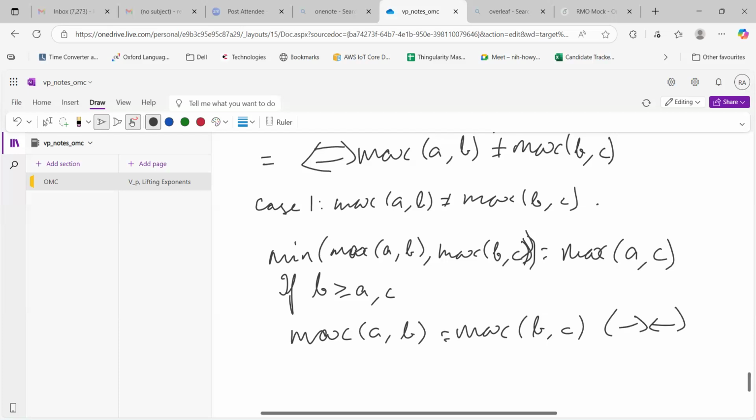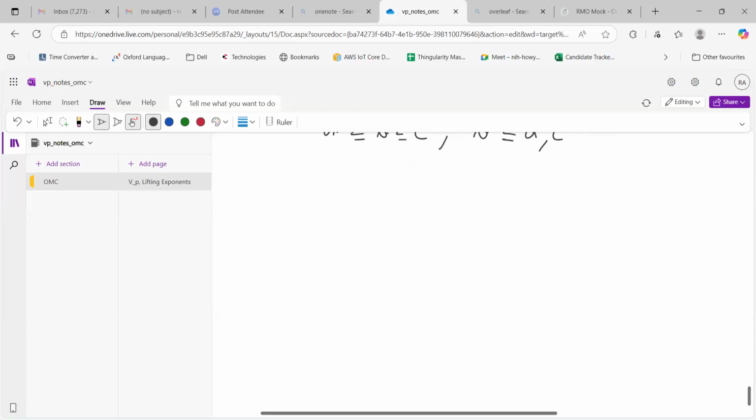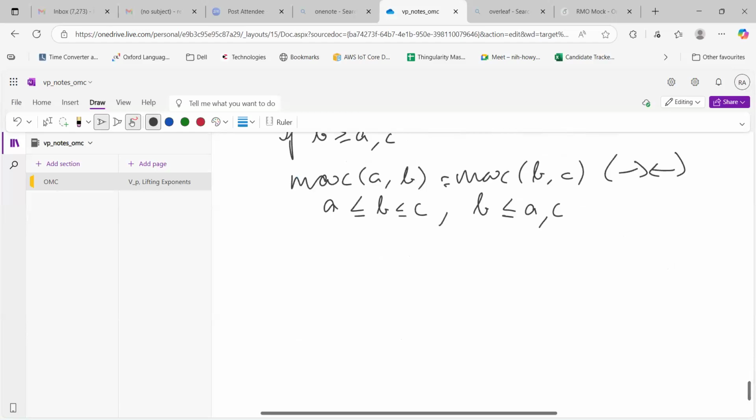So that means we must have either A is less than or equal to B is less than or equal to C, or B is less than or equal to A and C. Okay, what happens now in this case?